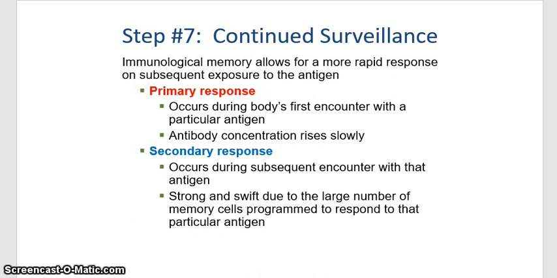In our secondary response, we already have those memory B cells and memory T cells that, when activated, can divide much more effectively, creating those plasma cells again that are short-lived for both types of lymphocytes and causing a much stronger and longer lasting response to that old pathogen.